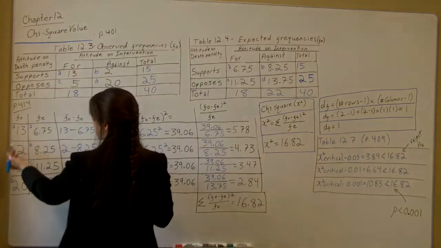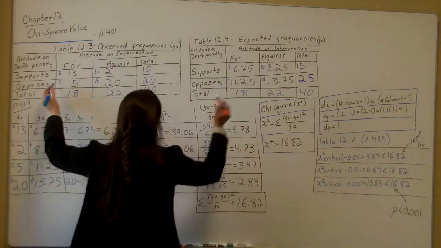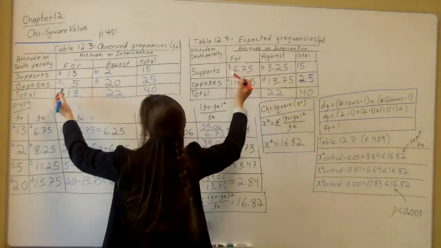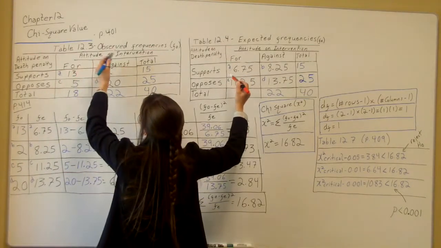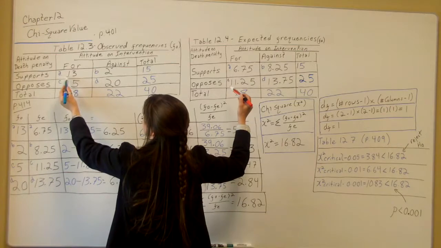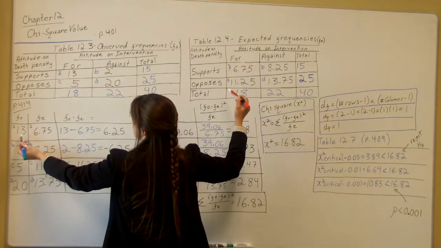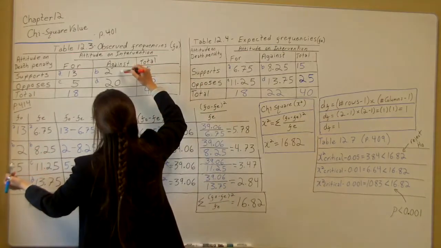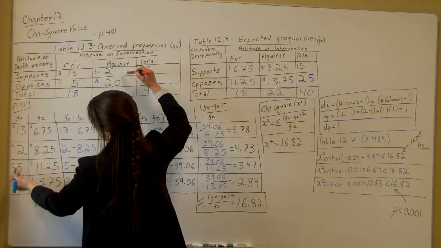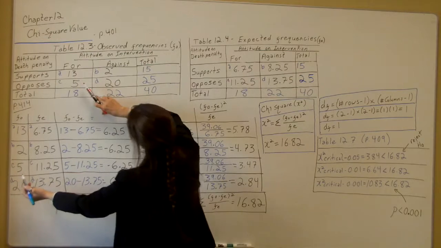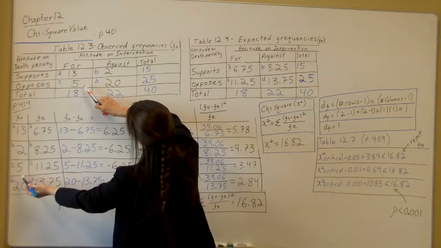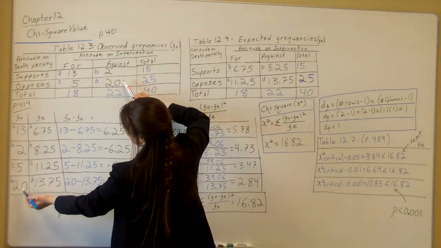So notice I have the A, the B, the C, the D labeled the same as last time, same as your tables. For the observed frequency, A is 13, B is 2, C is 5, and D is 20.